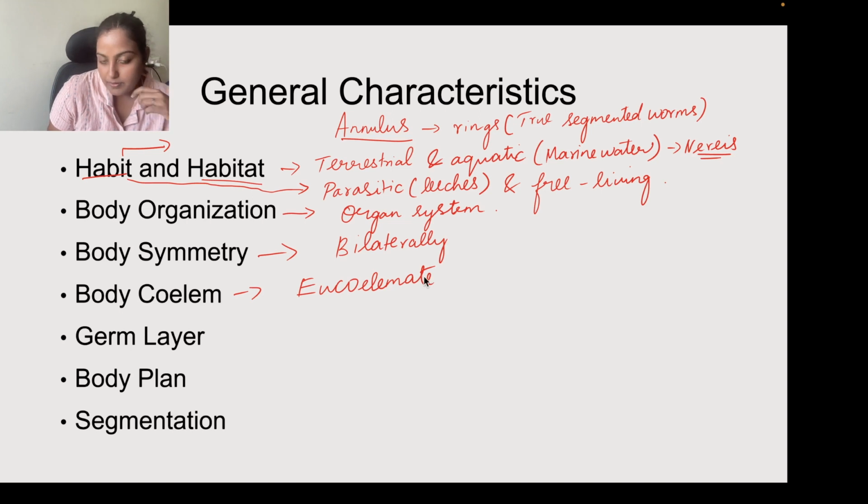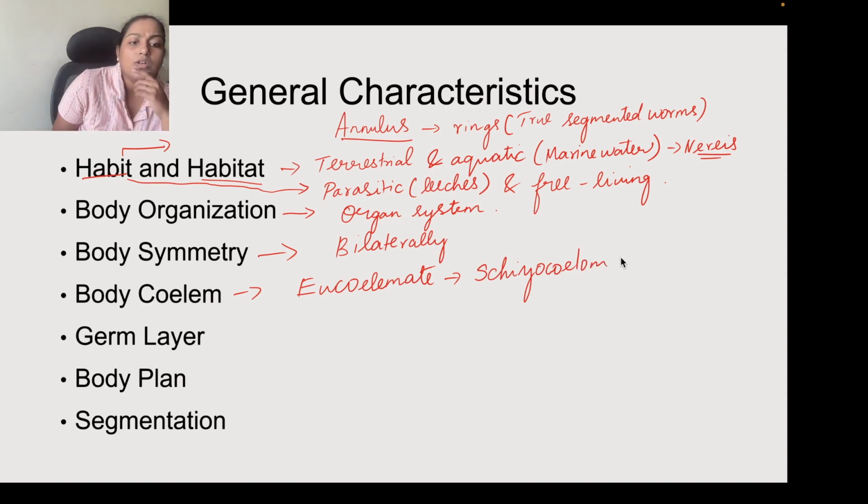Eucoelomate means, of course, they have a true coelom, and under that they fall under this category called schizocoelom. So what is this schizocoelom now? Nothing but the coelom forms from the mesodermal layer, from the outpocketing of the mesodermal layer. That's what is meant by eucoelomate.